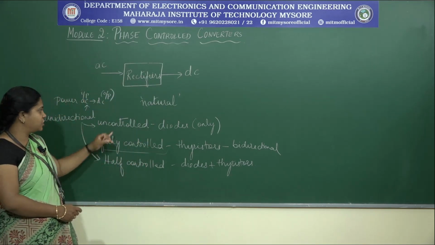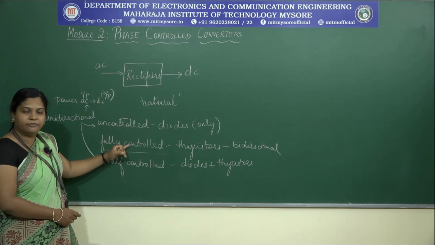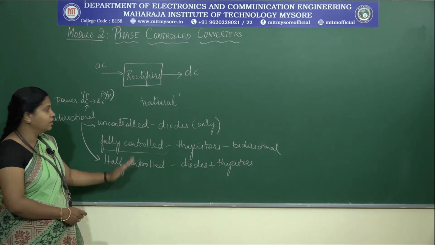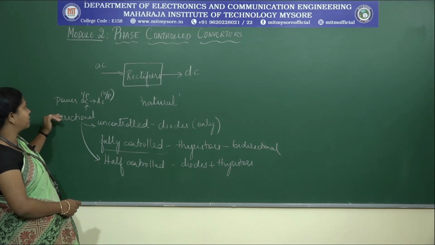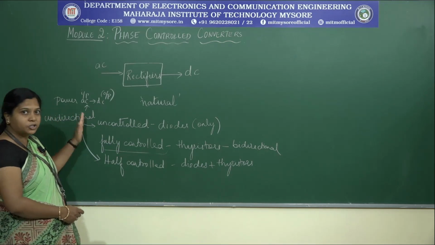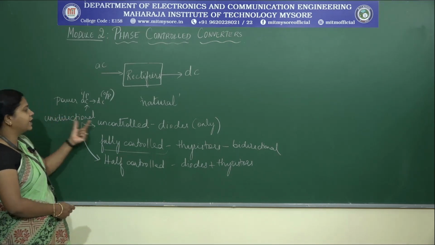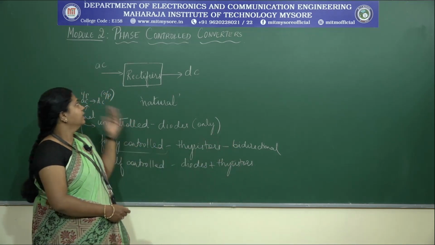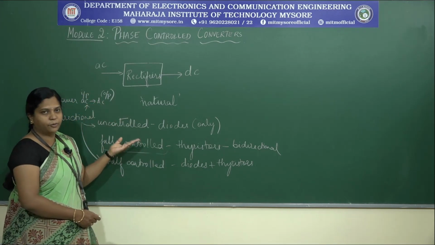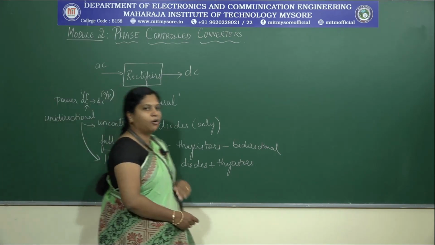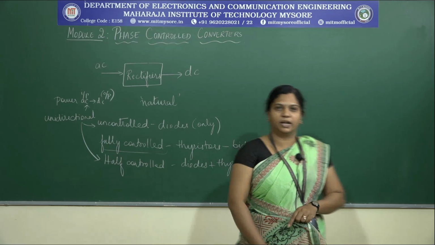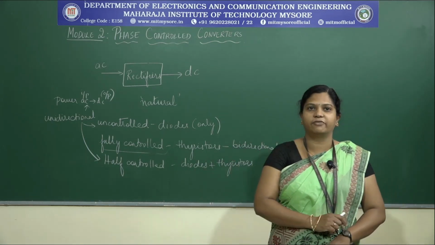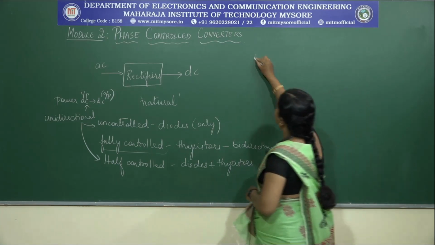The first classification was based on the different devices that we are using: uncontrolled, fully controlled and half controlled. Now the next type of classification is based on the direction of power flow, that is unidirectional and bidirectional controllers. Similarly, depending on the output voltage and output current, we can further classify the rectifiers as one quadrant.